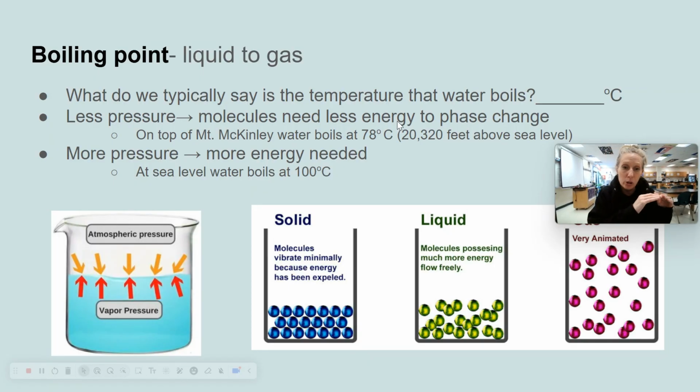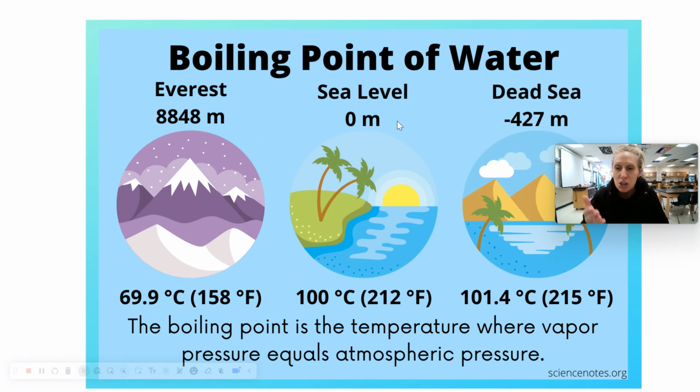Now, if you go below sea level, there's more pressure pushing down. And so there's more energy that's needed or higher temperature to get that water to actually phase change. So when you look at this side by side, if you start at sea level, right in the middle, 100 degrees Celsius is what we typically think of as the temperature that water boils, or 0 degrees Celsius is the temperature that water freezes.